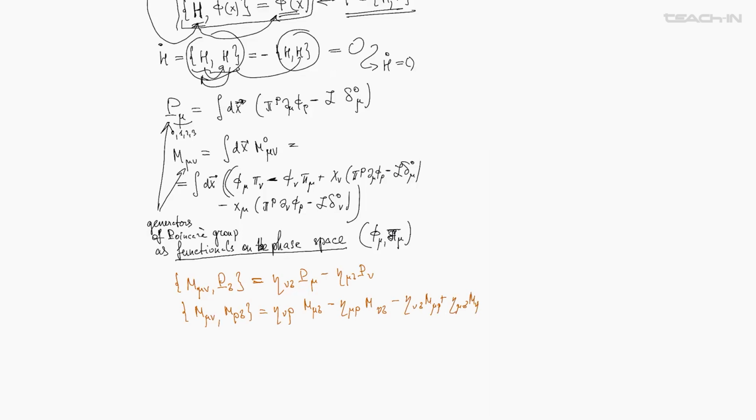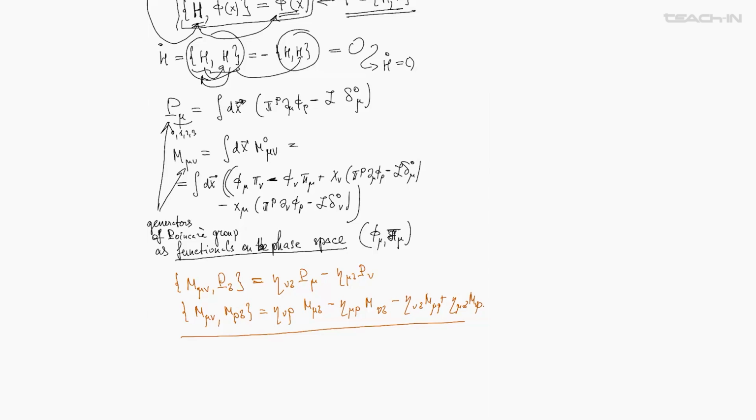So in other words, the relations with respect to the Poisson bracket exactly reproduce the standard relations between the generators of the Poincaré group, but now considering these generators as functionals on the phase space. This computation is a bit tedious, but it's nice to make it once to completely understand the concept of the phase space and the concept of these symmetry generators as functionals on this phase space.